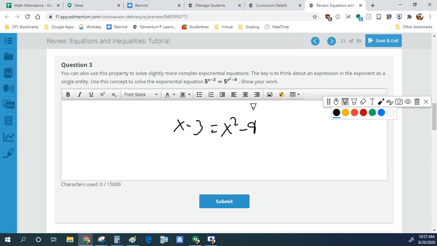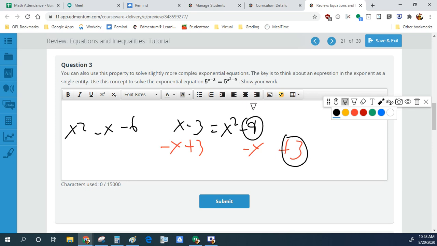So from here, what we can do is we can bring this x over by subtracting. And then we can add this 3 and we can add this 3. So we're kind of doing the opposite. So now what we have is this equation x squared minus x minus 6, because this 3 and this 9 make a minus 6.